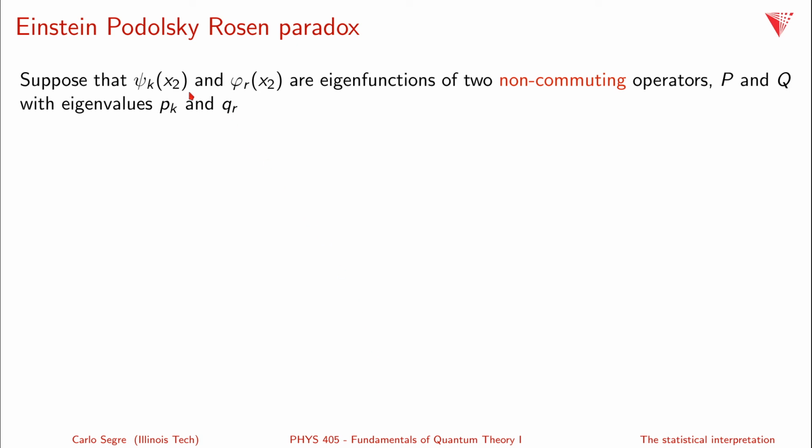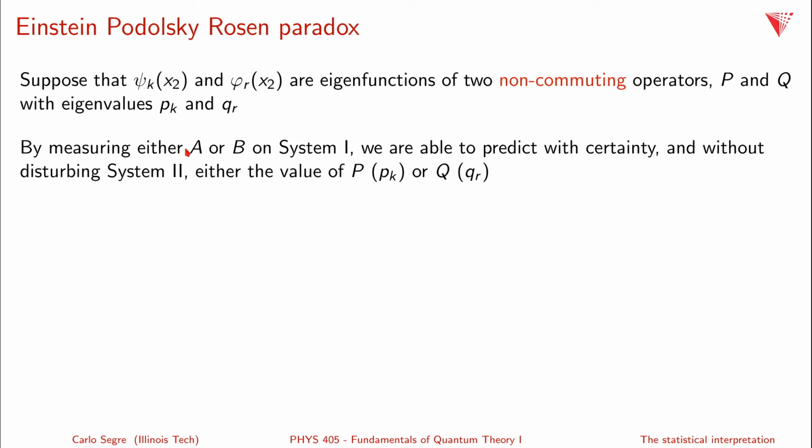Now, given that we've been able to do that, let's assume that these are eigenfunctions of two non-commuting operators, P and Q, with eigenvalues p sub k and q sub r. By measuring either A or B in system 1, we're able to predict with certainty and without disturbing system 2 either the value of P being p sub k or the value of Q being q sub r.